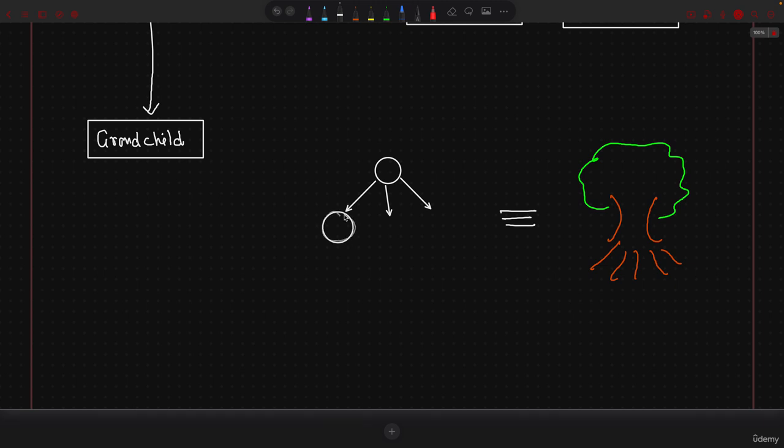Let's say one branch, two branches, third branch. Then these branches can have more branches. So the way I'm asking you to imagine it is something like this. Let's say this is the root. Then there is one branch. This branch can have further branches going forward. Similarly, this branch can have further branches going forward. And finally, they end at leaves. We are going to learn about these terminologies as well, but that is the basic intuition on why we call it a tree.